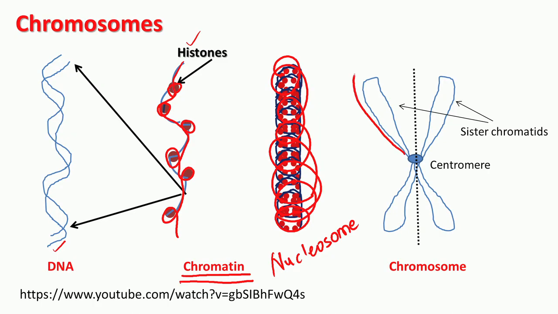And each one of us, as I said, has 23 pairs of chromosomes, and each chromosome is made up of chromatids.